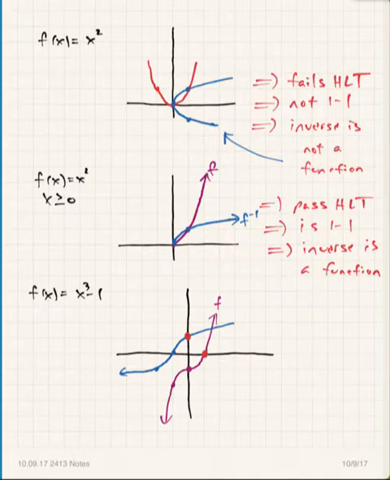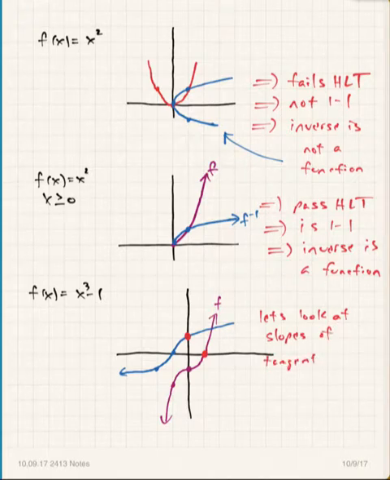What we're interested in are the slopes of the tangent lines at those 2 points. So let's look at slopes of tangent lines at points that are mirror images.